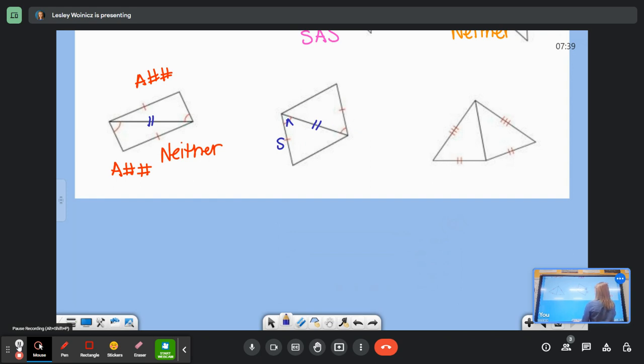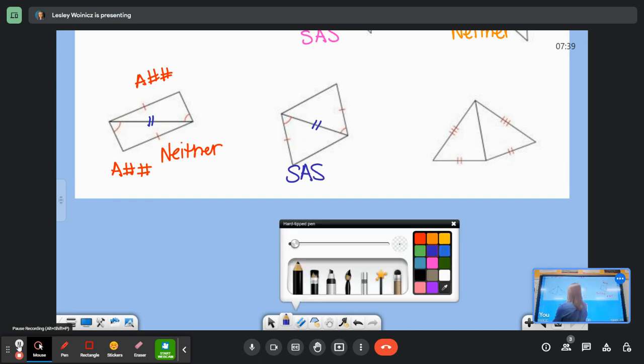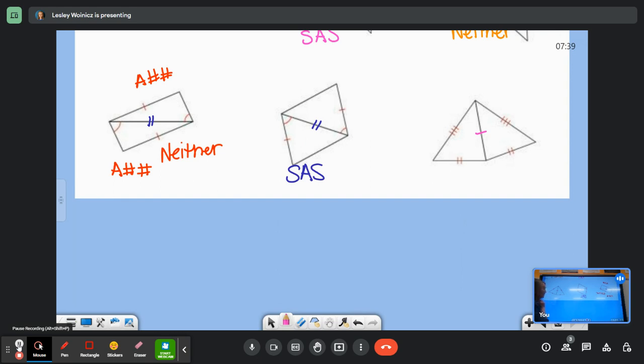Let me get rid of this extra stuff. Okay, last one. I already have two pairs of congruent sides marked. These triangles share their third side. So I mark that side congruent to itself, and I can say that these are congruent by side, side, side. Okay, if you get it, you're done.